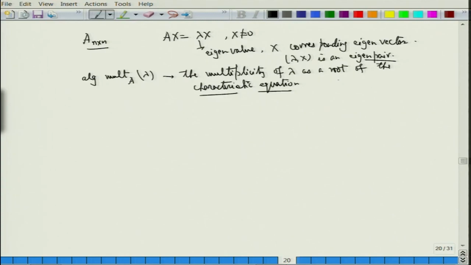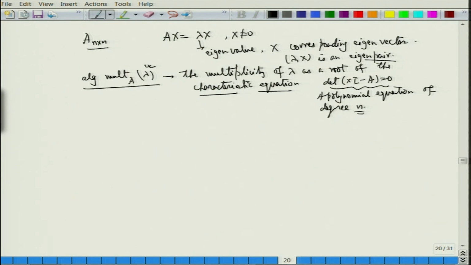So the equation, if you remember, was nothing but determinant of xI minus A is equal to 0, a polynomial equation of degree n, all right. So it has n roots over complex numbers, and we are looking at everything over complex numbers, fine. So you are assuming that lambda is an eigenvalue, and then you are looking at algebraic multiplicity. If lambda is not an eigenvalue, its algebraic multiplicity will be 0, it will not be a root of the characteristic polynomial, fine.